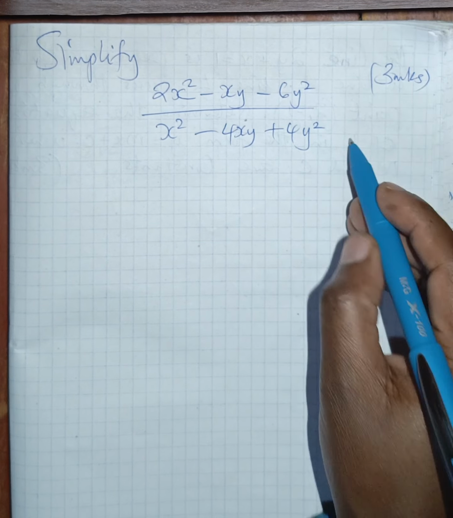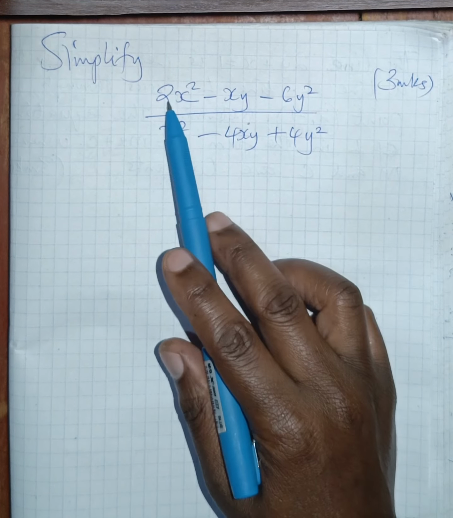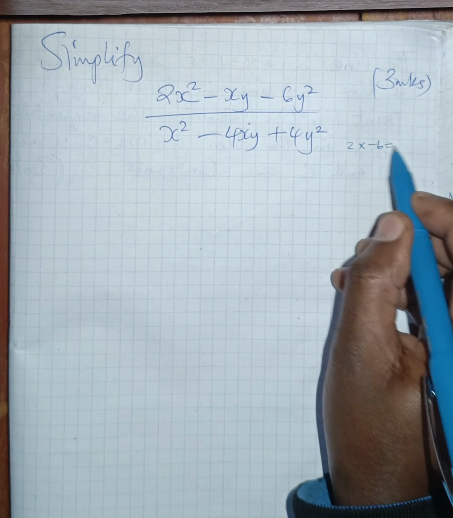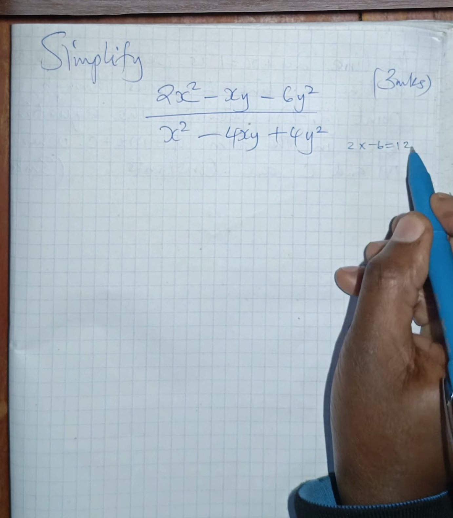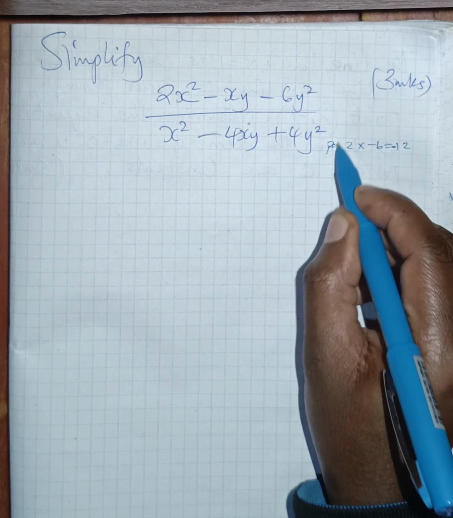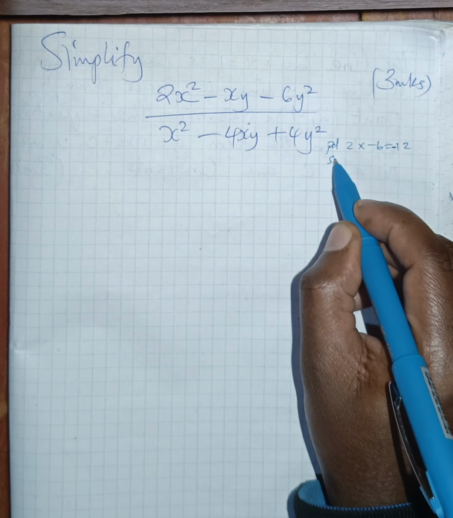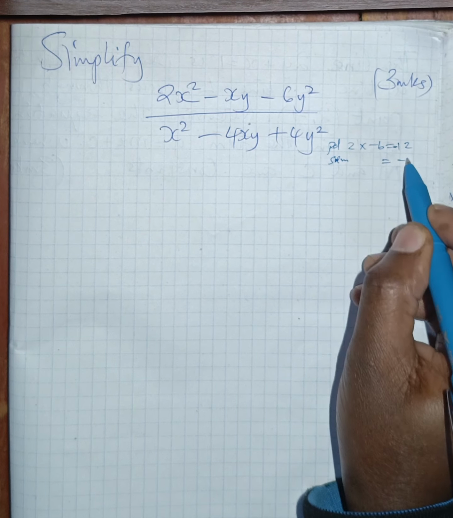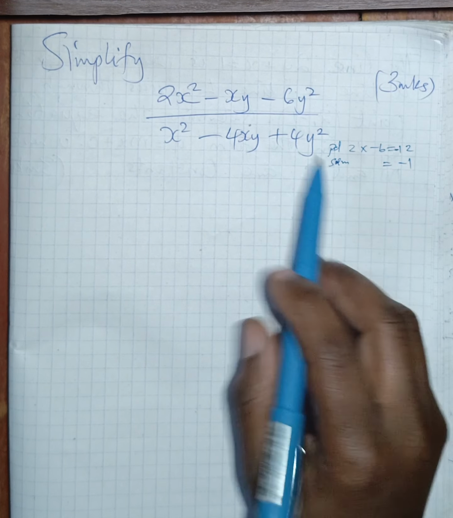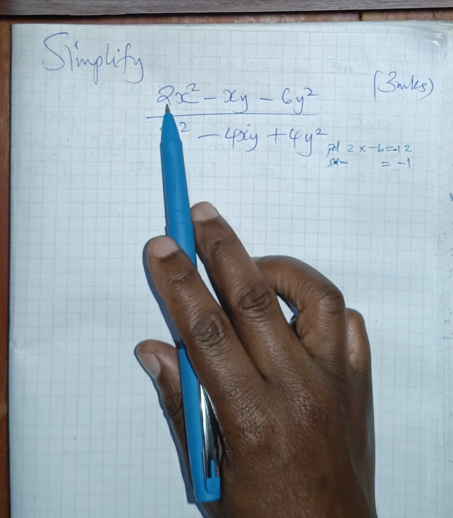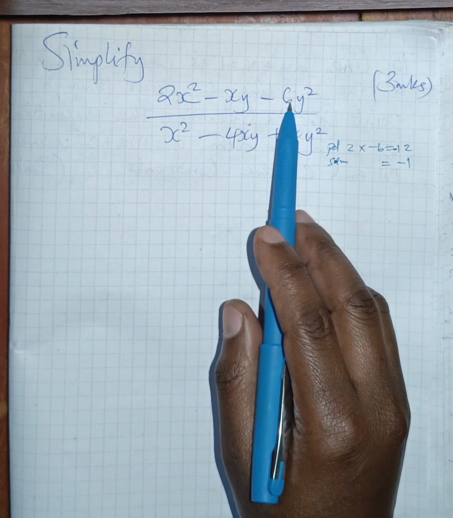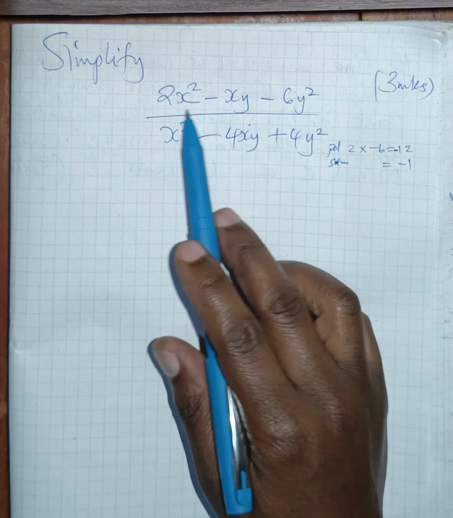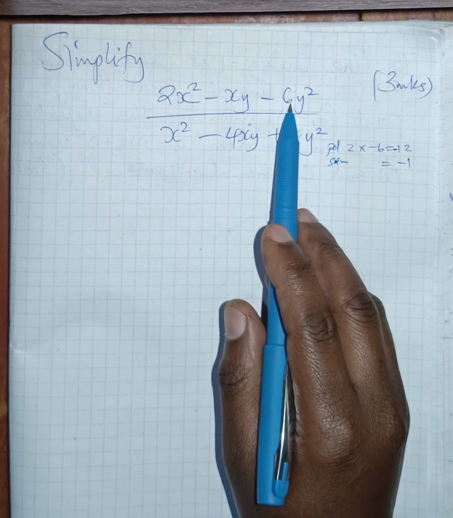You do the first one, the upper one, and the lower one. Now, in the upper one, you get two numbers whose product is 2 times negative 6, which is negative 12, and whose sum is negative 1, because we talk about the coefficient of x squared and the coefficient of y squared, the first term and the third term.